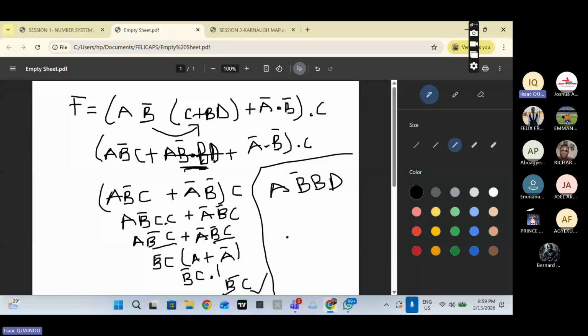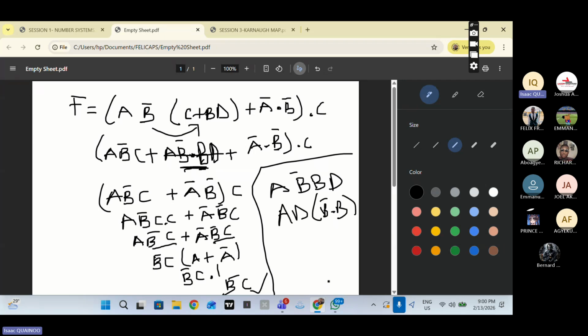No matter how we arrange it, the return value is still the same. So we can say this is the same as A times D in brackets, B prime times B. Do we agree with this? Yes, sir.